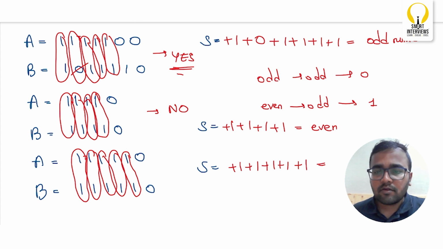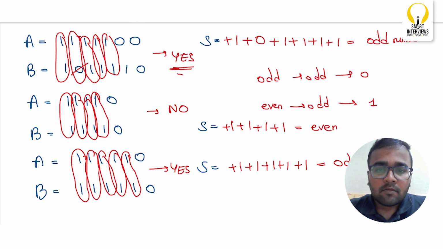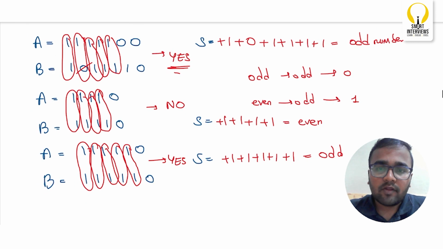Now the final answer is 5, which is odd. So even if you don't have any option of either picking or not picking, blindly if you pick anything, the number is odd. So in this case, the answer is yes. That's it. So coming to the logic.